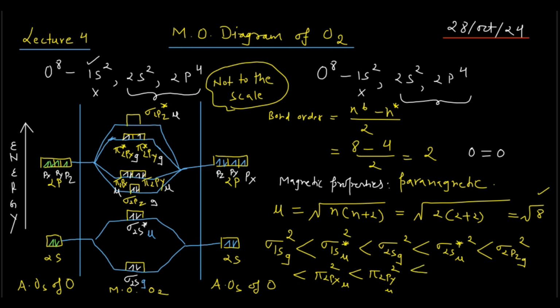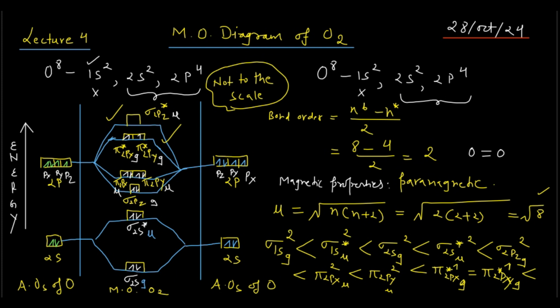And then you are having pi anti-bonding 2px gerade, 1 electron, and it has equal energy with the 2py anti-bonding, which is again gerade, so 1 electron. And next is the filling of these. You can write like that. I am not having space, so I am not writing this. So this is the energy order as well. So this is the complete diagram of your oxygen molecule.